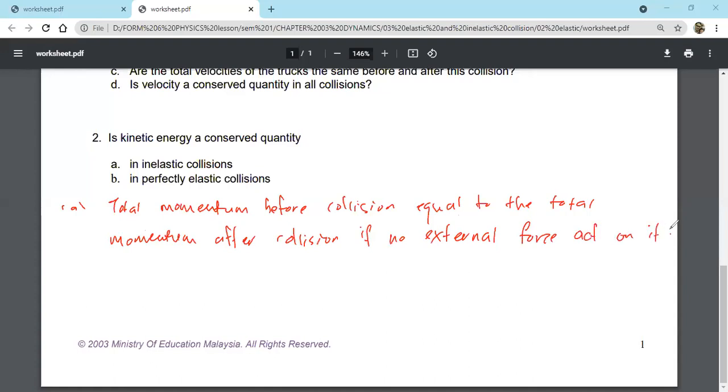This means total momentum before collision and total momentum after collision are equal, if no external force acts on it.